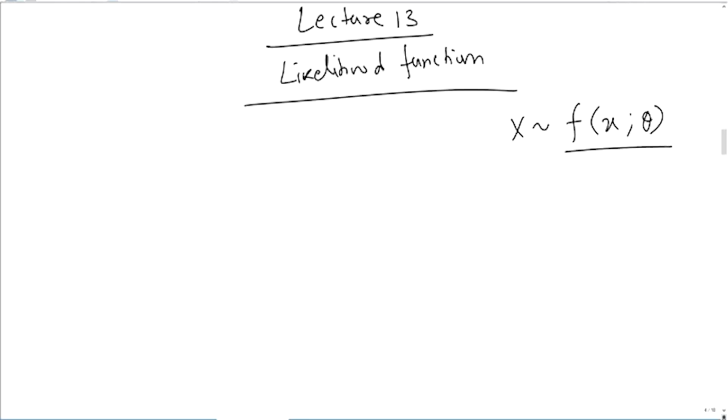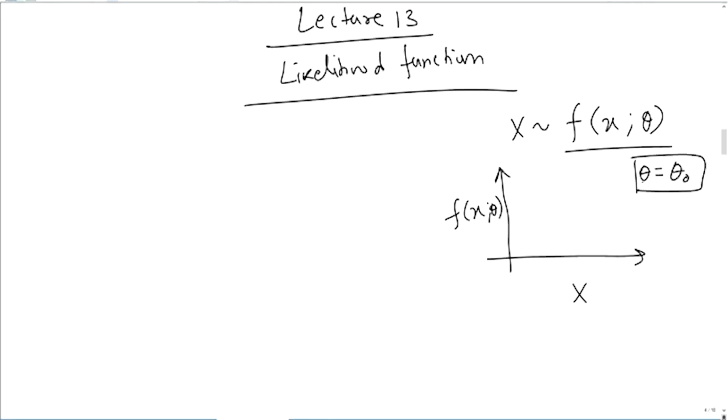Then you can actually draw two kinds of graphs. One is the graph of the probability density function, which is the graph between values of the random variable x and these probability densities f of x theta. But you can draw this assuming theta is known and fixed, some fixed value of theta.